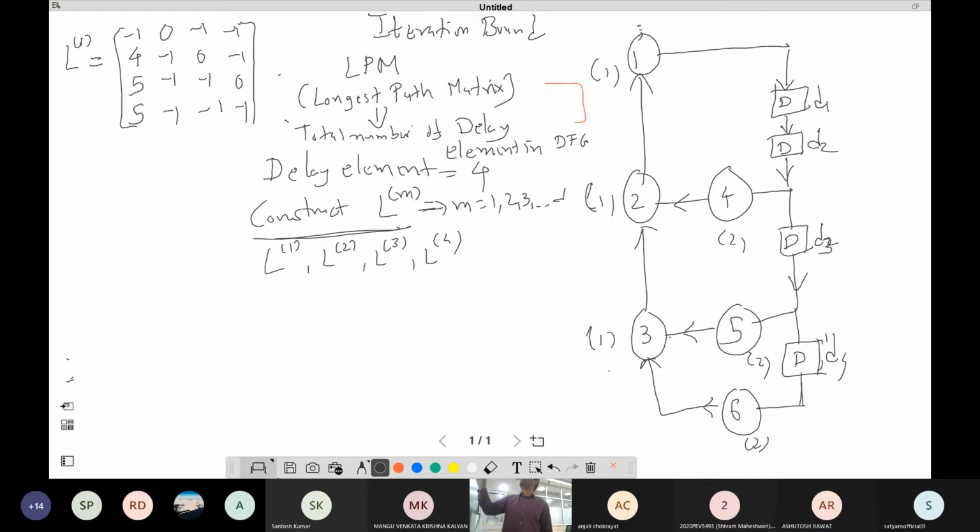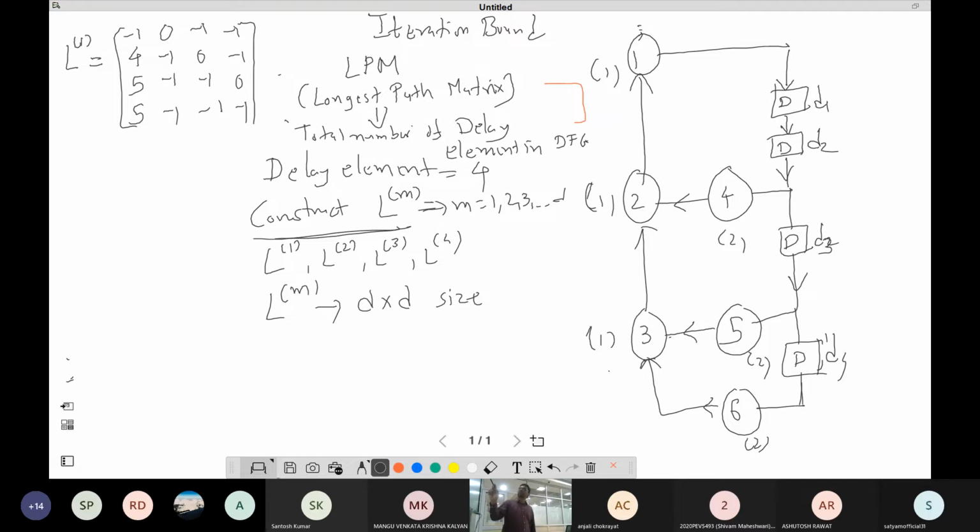Now, when I consider a particular matrix L(M), that L(M) is a square matrix and the size is D cross D. First of all, I need to identify how many matrices I need to define for this particular graph. That depends upon the total number of delay elements, and the size of a particular matrix also depends upon the number of delay elements. That matrix is always a square matrix of size D cross D.